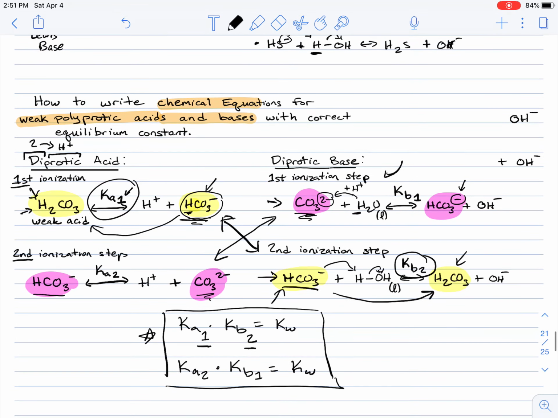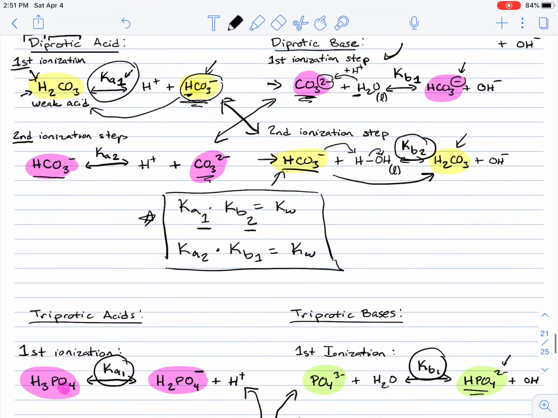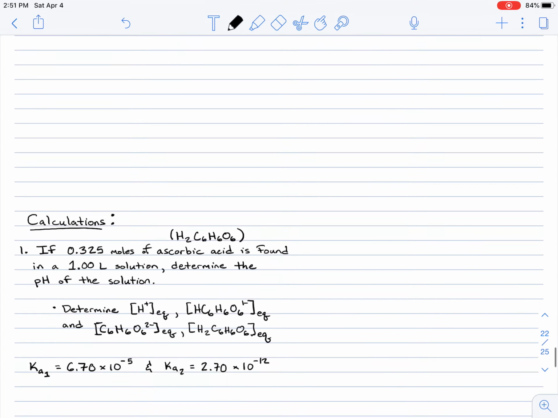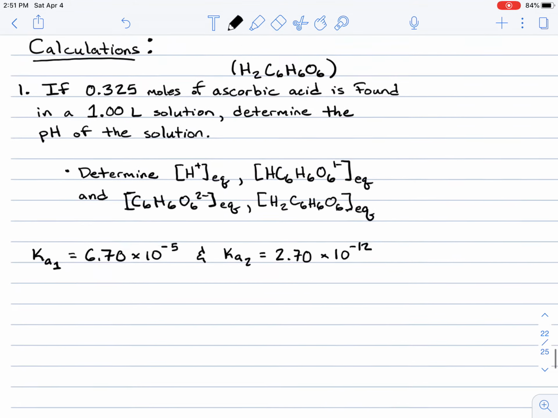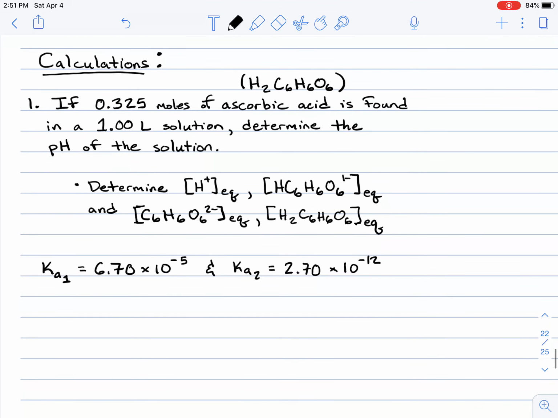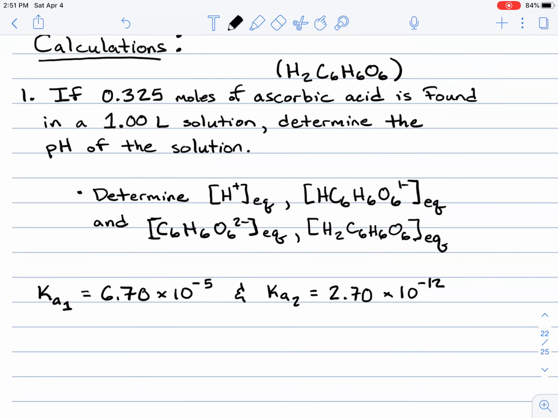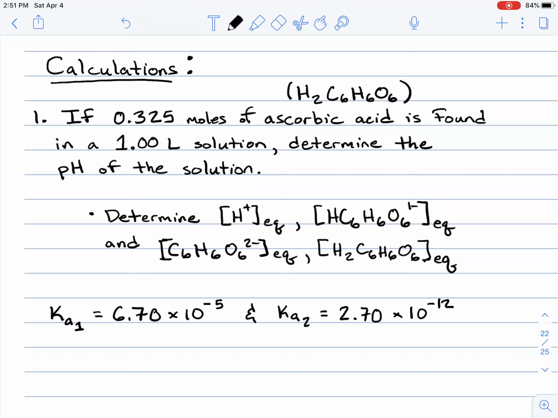So let's go ahead and take a look at an example, right? So now that we know how to write the chemical equations for each ionization step of a polyprotic acid or a polyprotic base, we're going to go ahead and apply this concept in a word problem type setting.